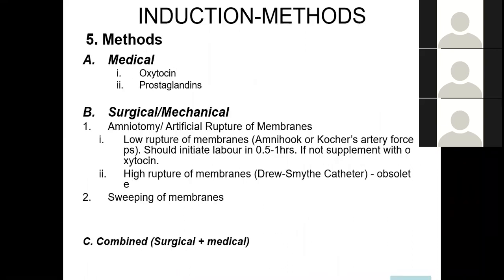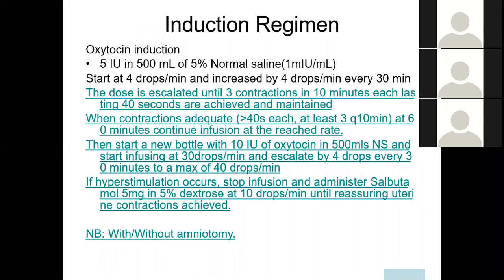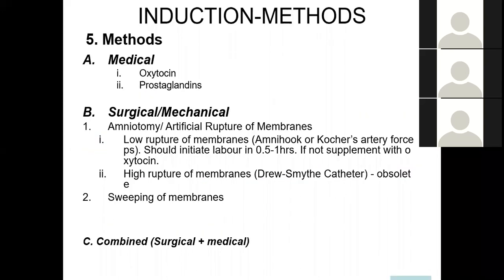So, induction methods, the methods we use to induce labor, we have the medical and the surgical methods of induction of labor. For the medical ones, we use oxytocin, which we will see in the next slide how we administer, and we have prostaglandins. We have the surgical or mechanical methods, which include amniotomy or artificial rupture of membranes.